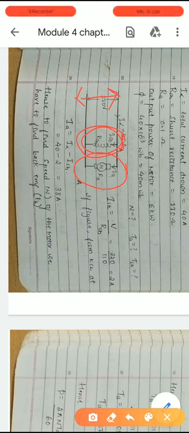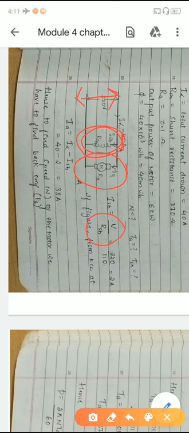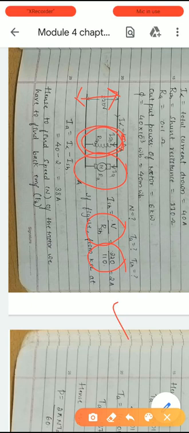Where the voltage is in parallel, we are going to have the same voltage across both the terminals. Therefore it is V by RSH, that is 220 divided by 110. We are going to get ISH as 2 amperes.